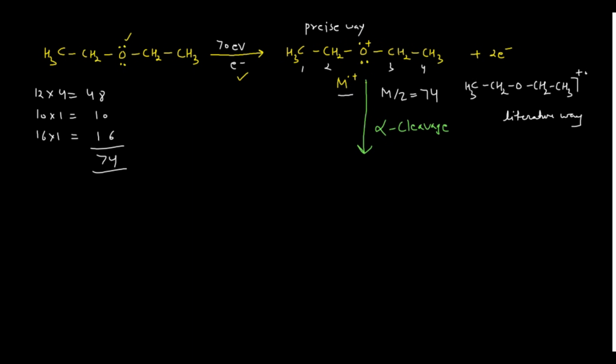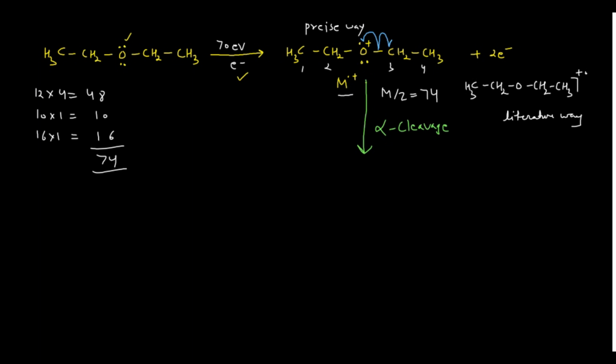So what I am doing, I am breaking this bond from here. So homolytic cleavage will occur, and one of the electrons from this bond will go to this carbon atom and another will come onto this particular oxygen atom. So what will it result in?